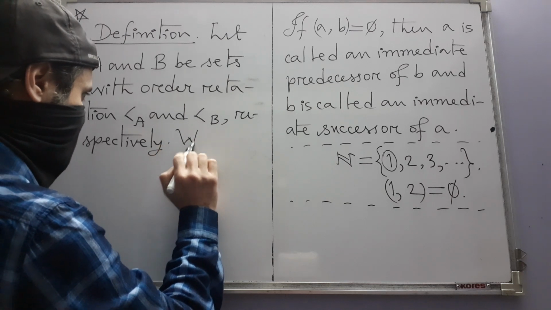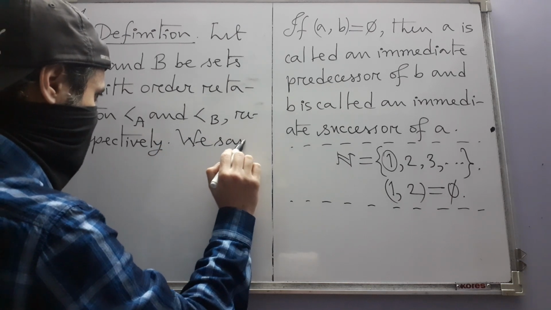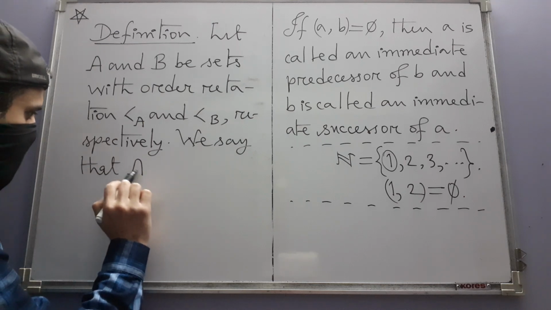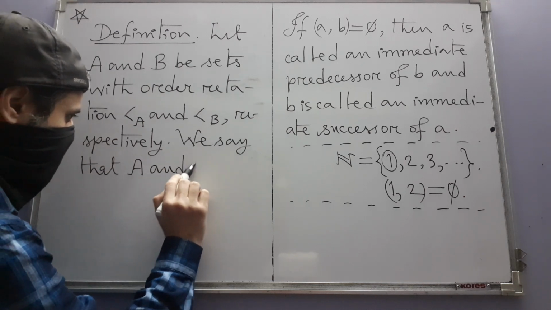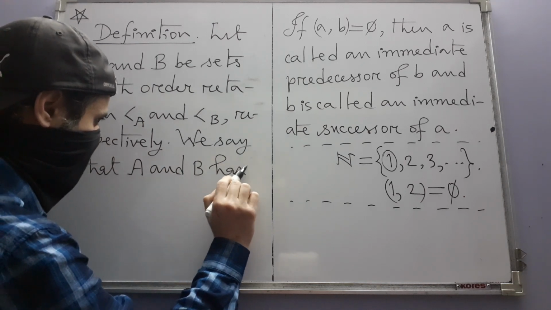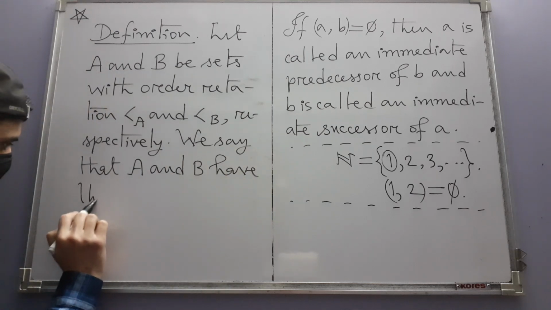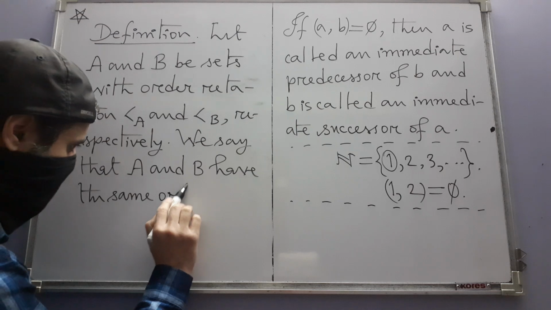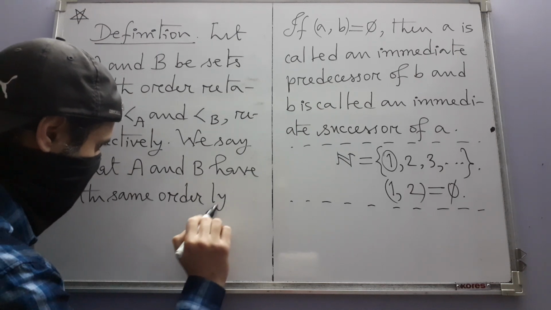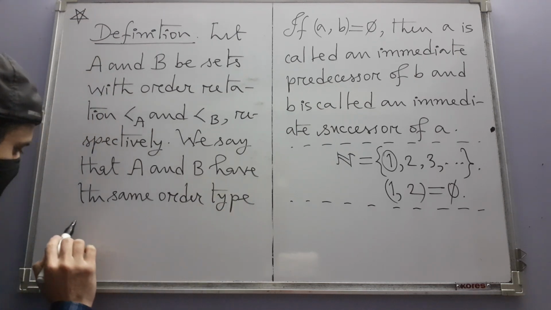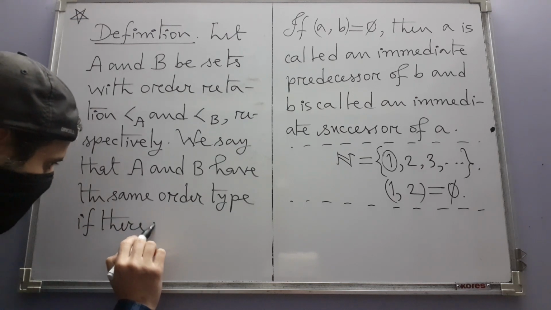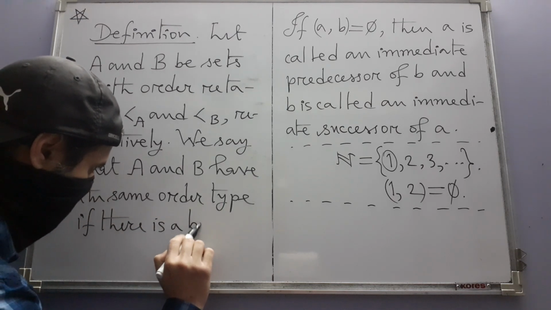We say that A and B have the same order type if there is a bijection.